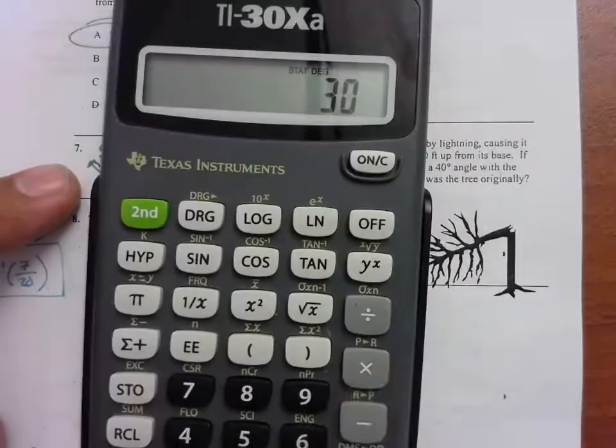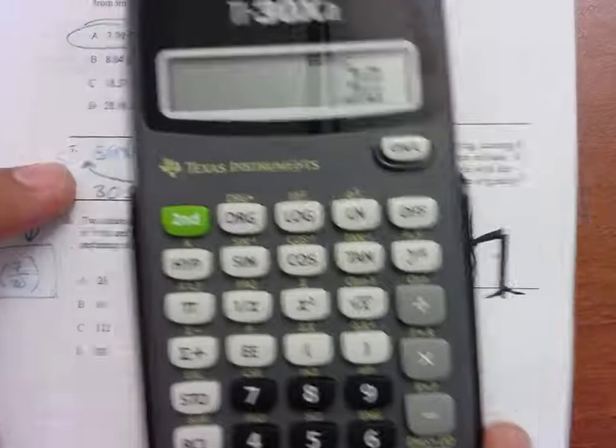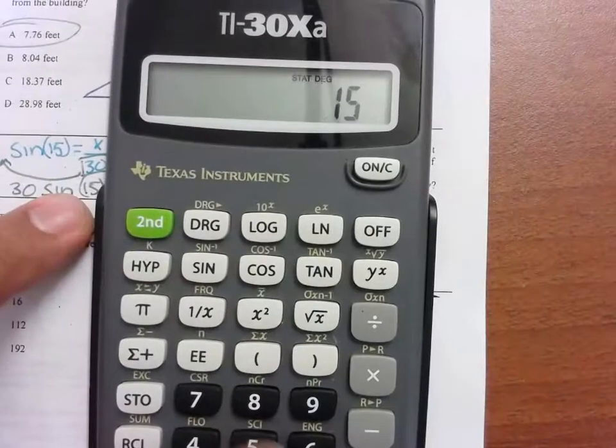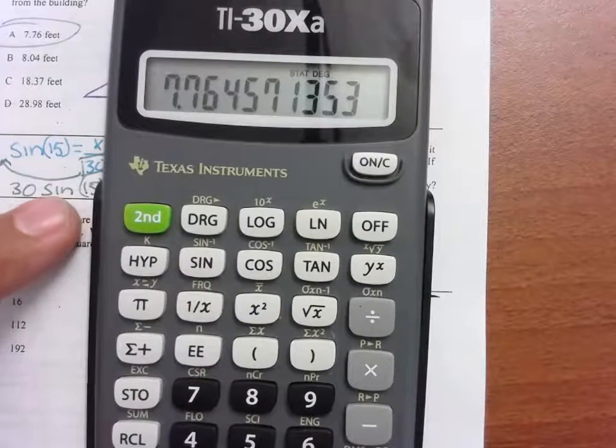So it's 30 times, and now you're going to do it in reverse. Number first, then sine, then equals.